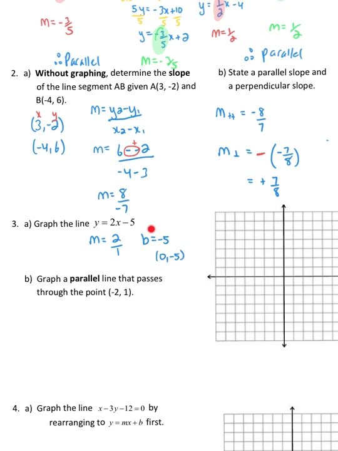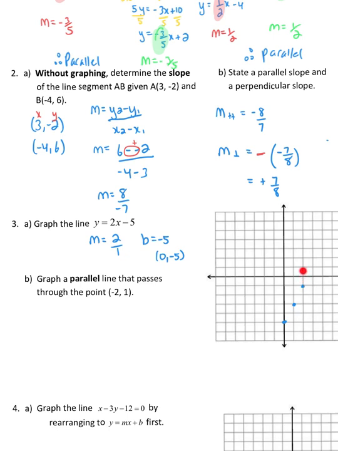So I'm going to begin at my y-intercept, and then I'm going to rise 2 and run 1. So on my graph, I'm going to start below the origin, and then I'm going to rise 2, run 1, and plot a point there. And again, from that new point, I'm going to rise 2, run 1.